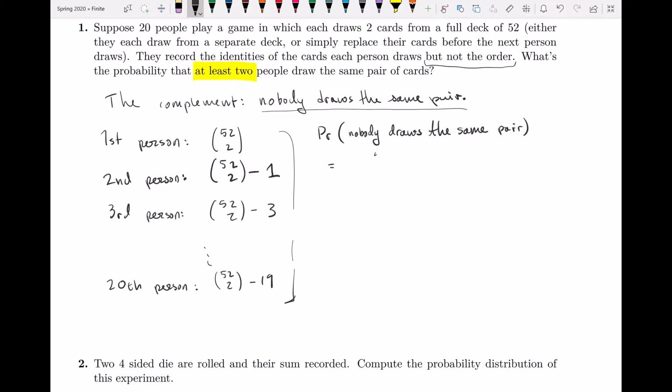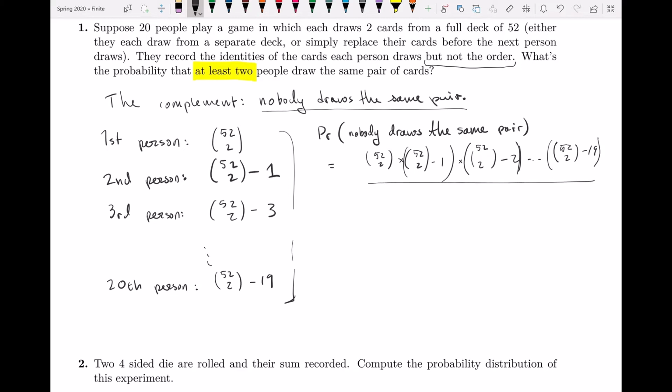So we have 52 choose 2 times 52 choose 2 minus 1 times 52 choose 2 minus 2, and so on, up to times 52 choose 2 minus 19.